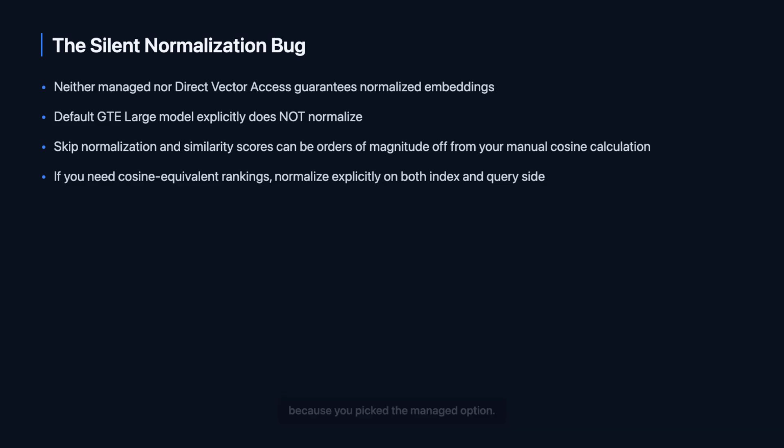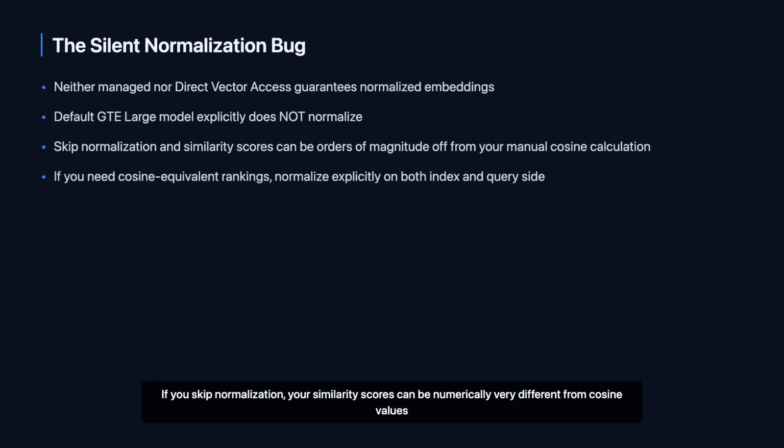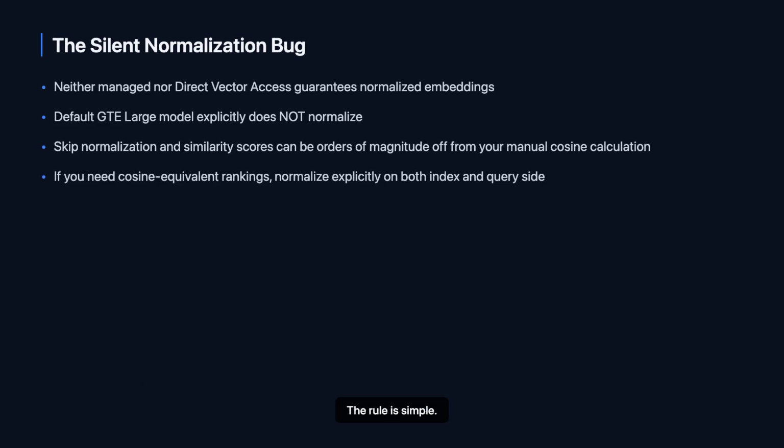If you skip normalization, your similarity scores can be numerically very different from cosine values you compute locally, potentially orders of magnitude off depending on your embedding magnitudes. The rule is simple. If you need cosine equivalent rankings, normalize embeddings explicitly on both the index side and the query side, regardless of which embedding mode you chose.